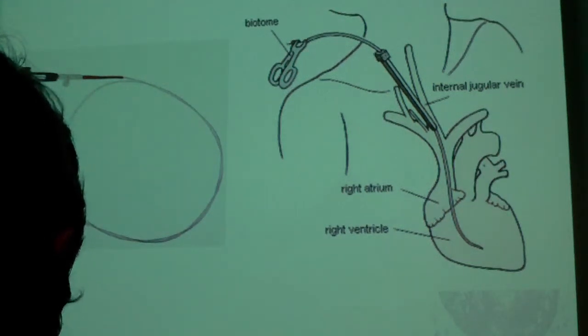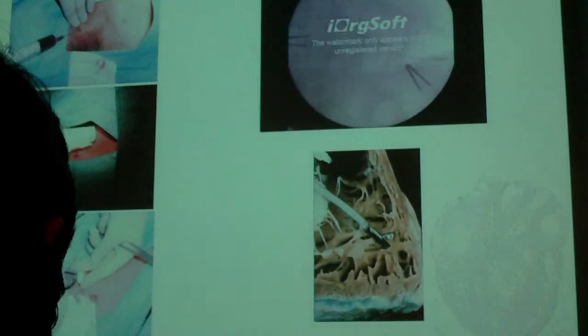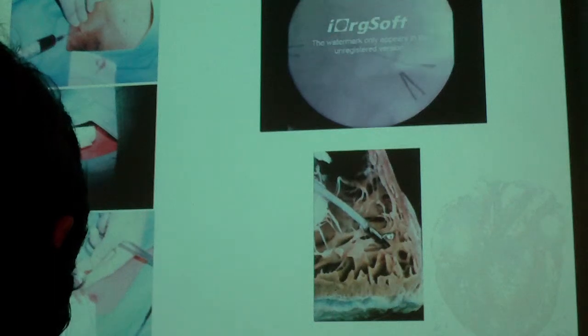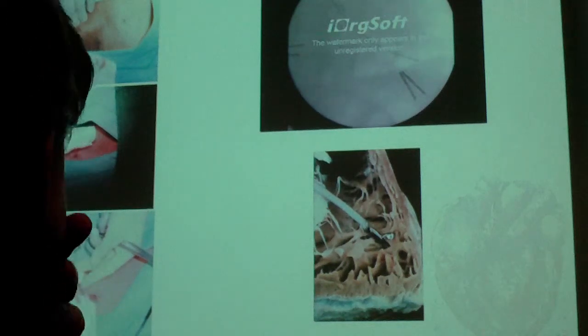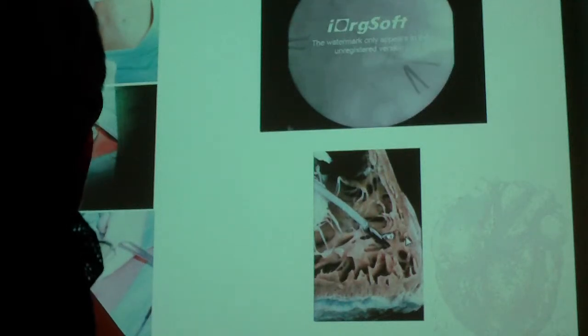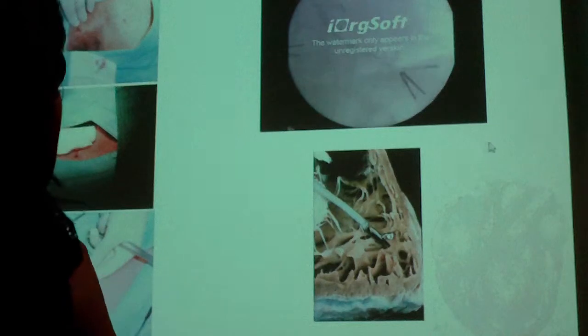Because you cannot treat both at once. You need to specifically look at the groups. So we take cardiac biopsies through the jugular vein. We enter the patient to go into the heart, as you can see in the picture. And then we take some small samples of myocardium, and that we analyze further.